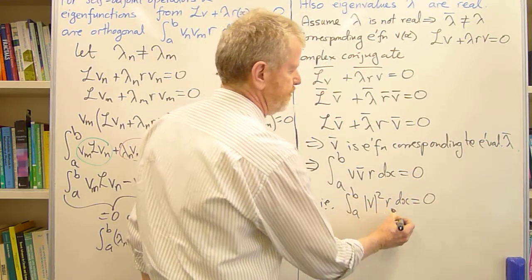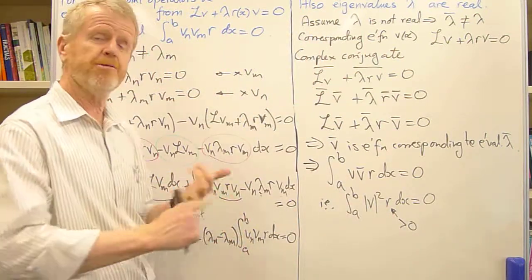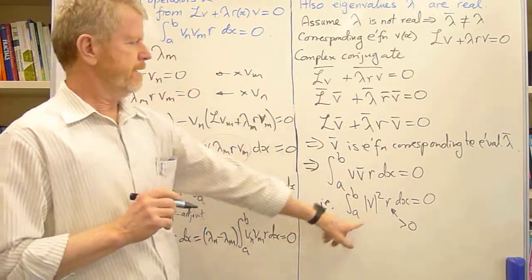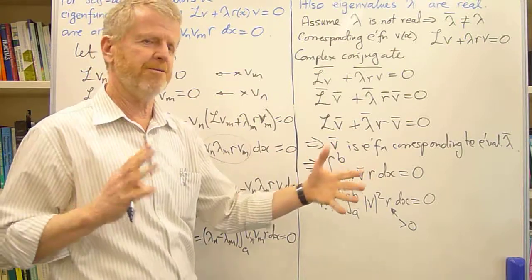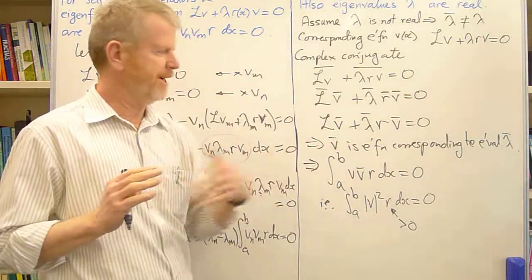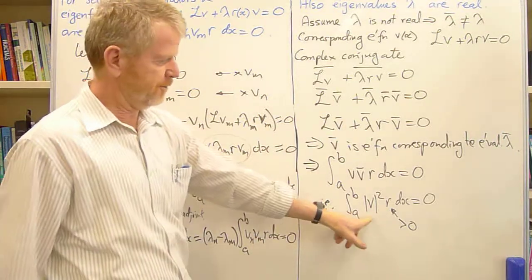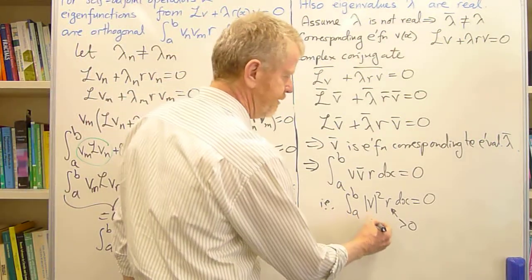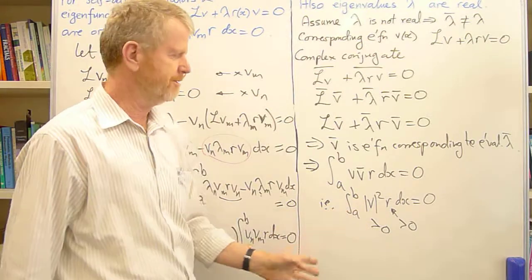Okay, now remember that the weight function r, not only real, we required it to be positive, so that's always bigger than 0. And also v, the eigenfunction, cannot be 0 everywhere. It has to be non-zero over some range of the domain, typically most of the range. So mod v squared is typically going to be bigger than 0 as well. It can only be 0 at isolated points.